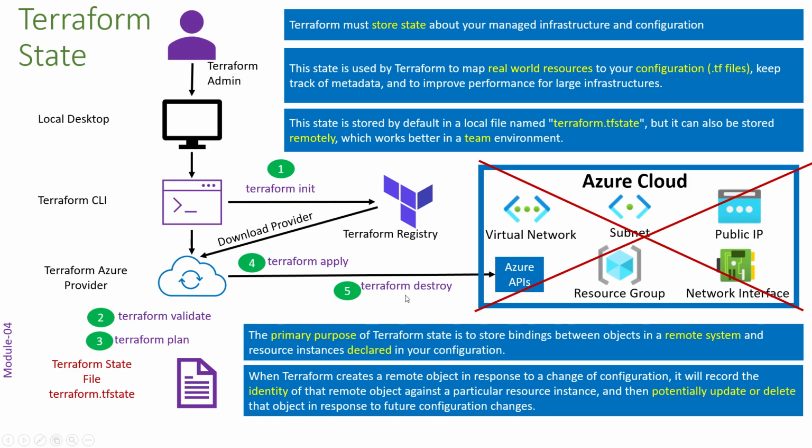Then, after this is done, when we want to destroy what the Terraform code created, we use the terraform destroy command. Let's say you have deployed everything using apply, and now you want to destroy it, such as virtual machines, public IP, network interface, resource group, or any other resources.